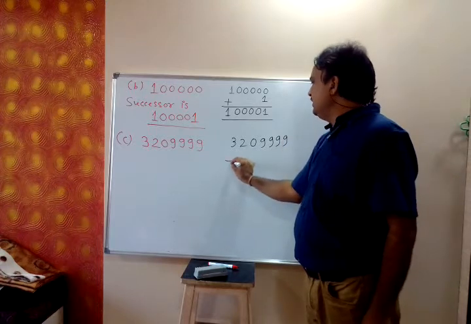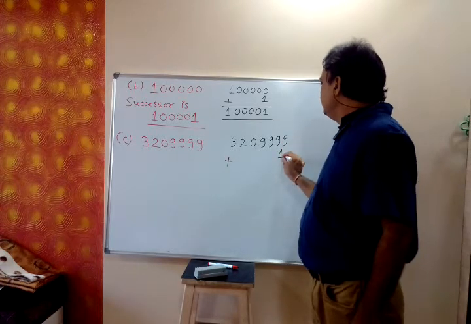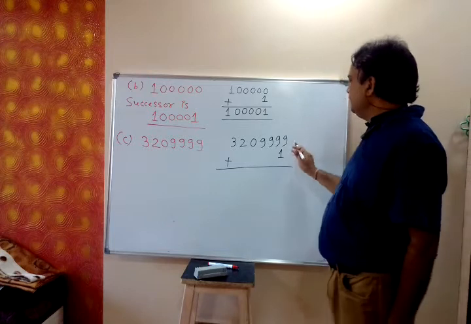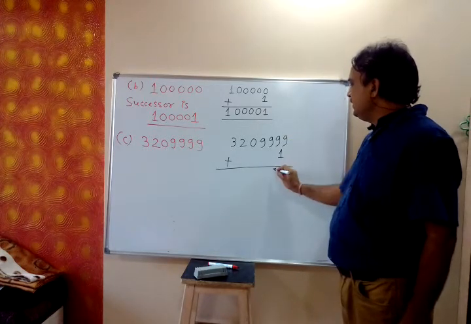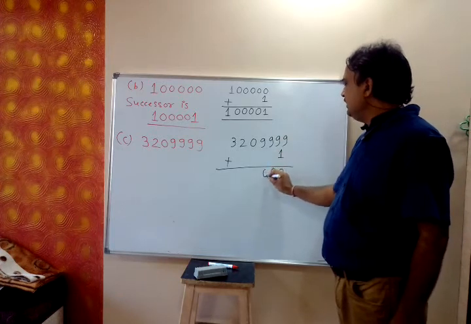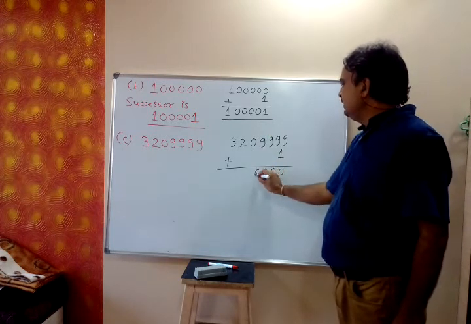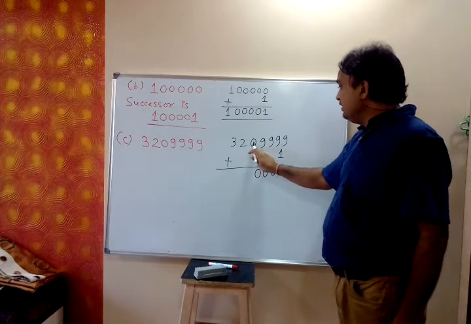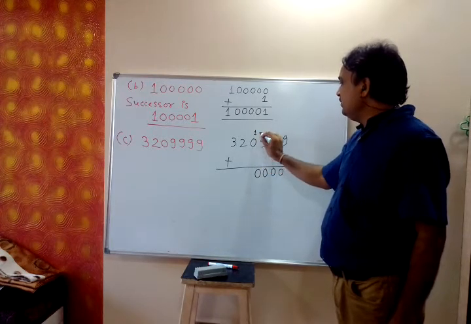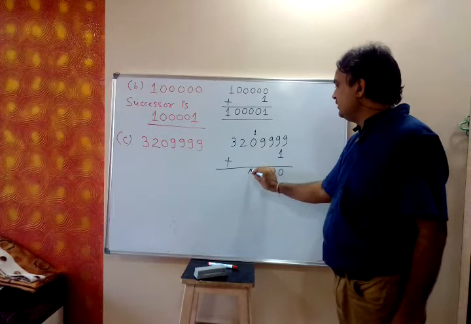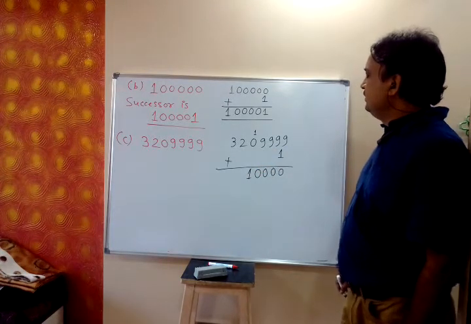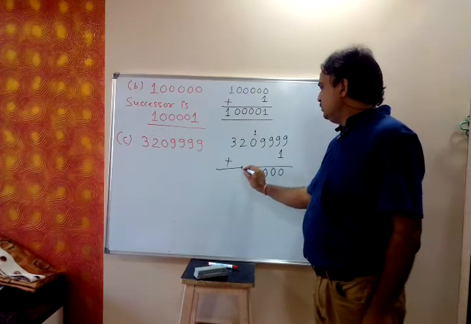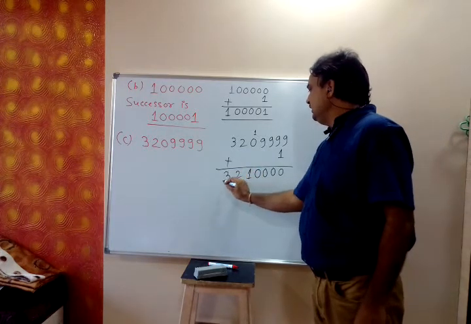For successor, I will add 1 to the respective number. 9 plus 1 is 10, then 1 is carried. 0 plus 1 will be 1. Then 2 plus 0 is 2, and 3.